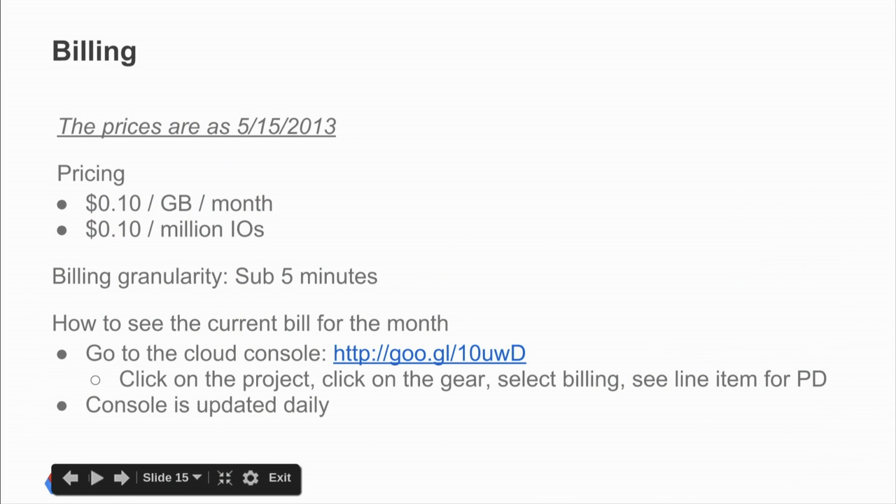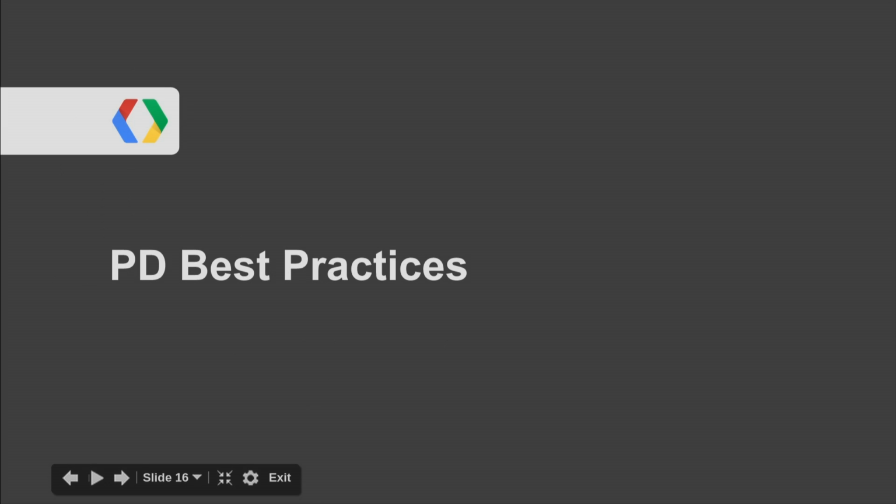If you want to see how much you've accrued over the course of a month, you can go to the Cloud Console and check that out. One thing to note is the Cloud Console does update its display on a daily basis, but you're not actually getting charged on a daily basis. It's still accruing in very small increments, so don't panic when you see that happen.